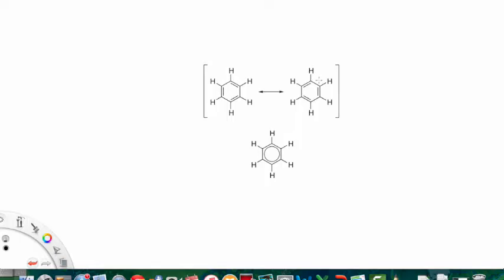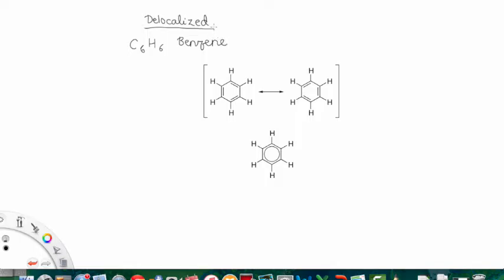Electrons that are involved in resonance structures are delocalized. This is an important term, and I wanted to give you another example in which we see resonance. This is benzene, which has the formula C6H6, and it's one of those common molecules where we often see resonance.